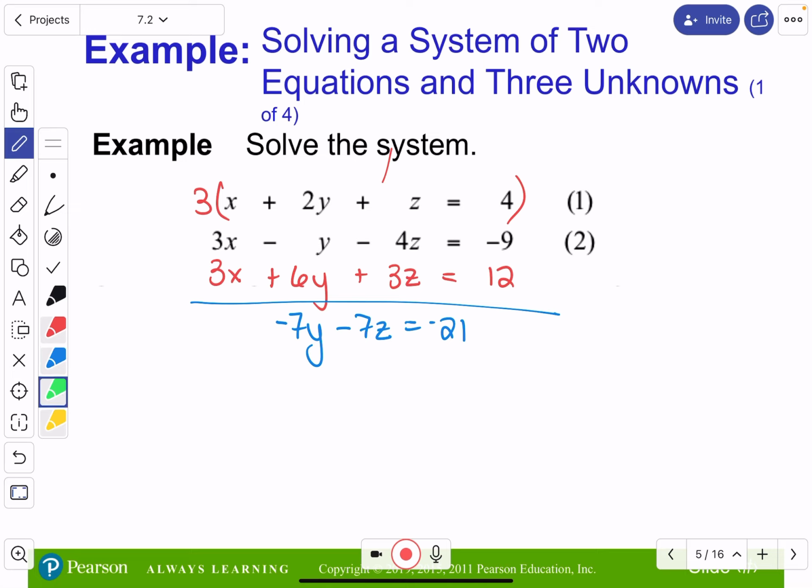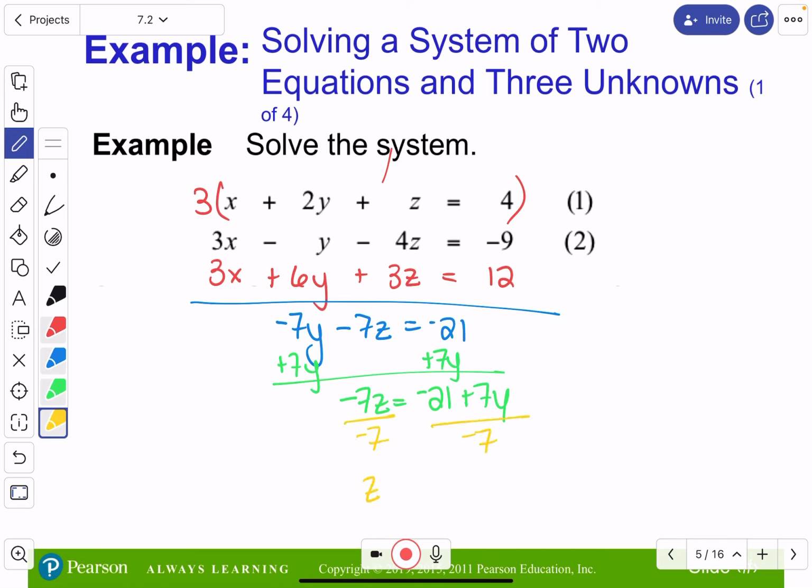And we want to solve for one of the variables. So we know it's going to be infinite, but we can still pick an x, y, and z. So if we solve for z, we're going to add 7y to both sides. So we have negative 7z equals negative 21 plus 7y. And then we're going to divide everything by negative 7.